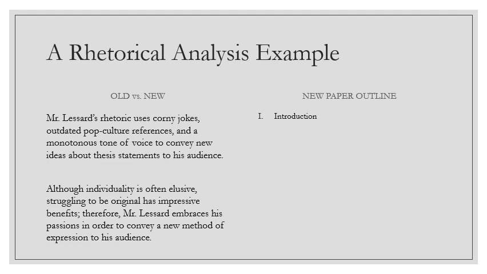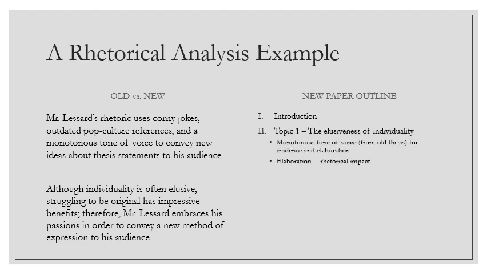First, you'd have your introduction with your thesis statement, sure, whatever. But then the first major part of your paper would cover the elusiveness of originality. Now, here's the tricky thing. Here's the new thing. We can look at that old thesis and see what we originally had been proving can now become types of evidence to prove it.